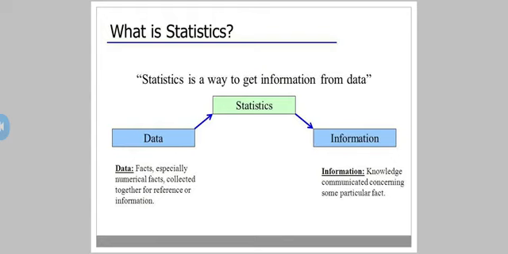On the other hand, what is information? Information is nothing but knowledge communicated concerning some particular fact. If you collect data and you come to know this is the fact, and once you know it, you have information about that data. So statistics is a way to get information from the data, whatever data you have, and then you form it in the form of knowledge.